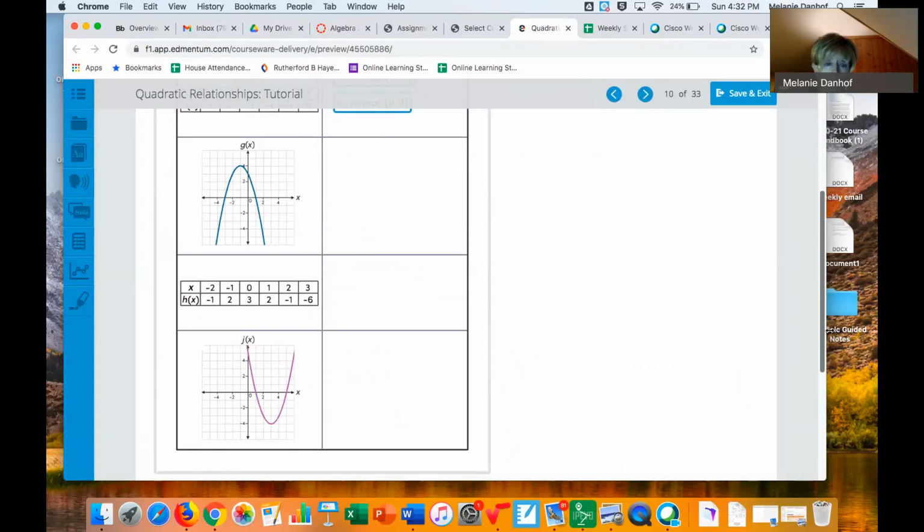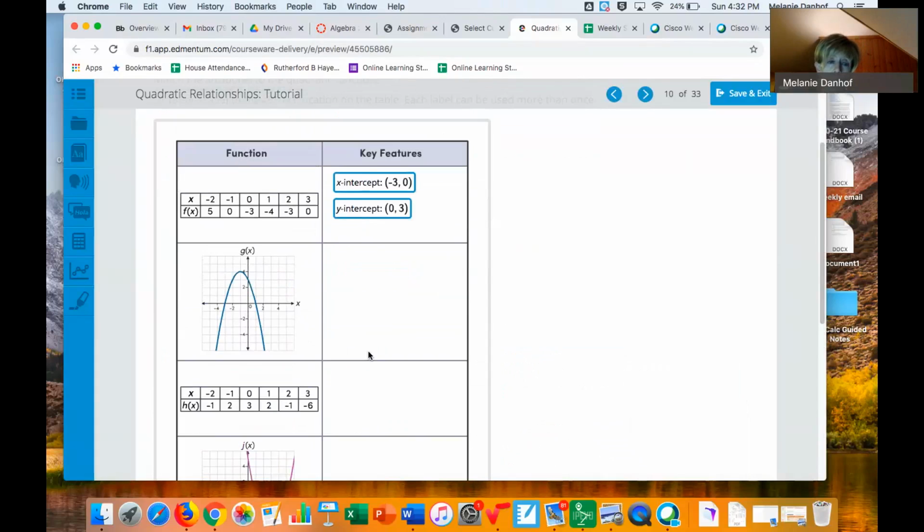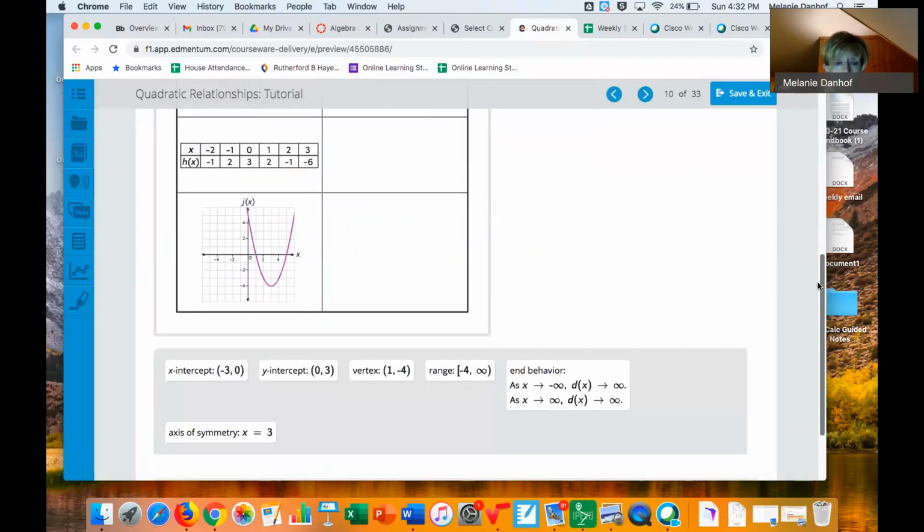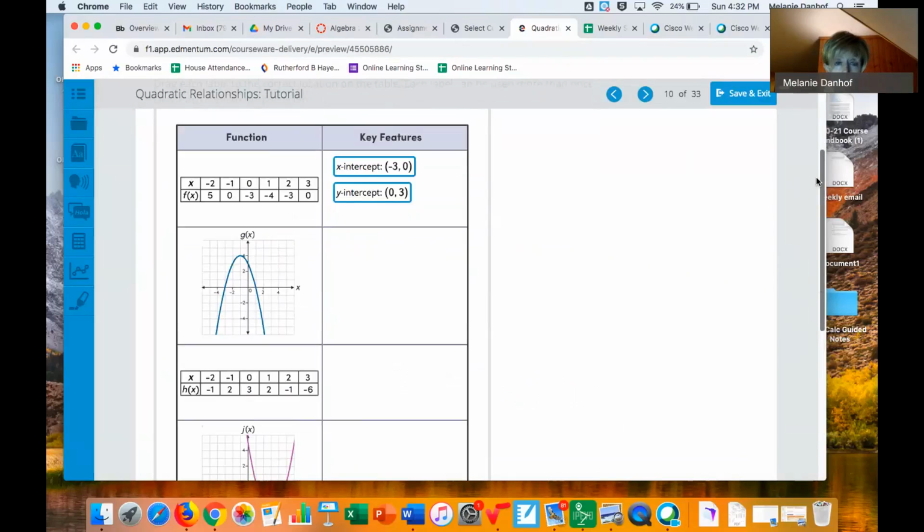No. The domain, by the way, of this first graph is -infinity to infinity. Our vertex here is -1, 4. I wonder if that's down there. Nope, doesn't have that. -1, 4 is our vertex.